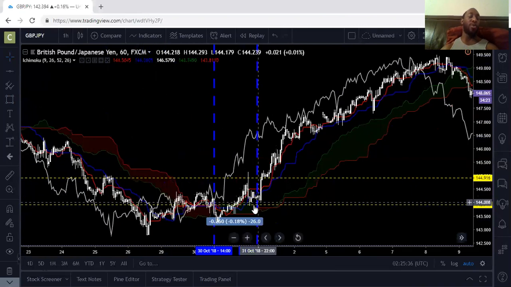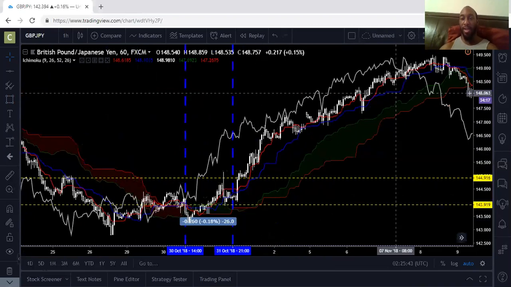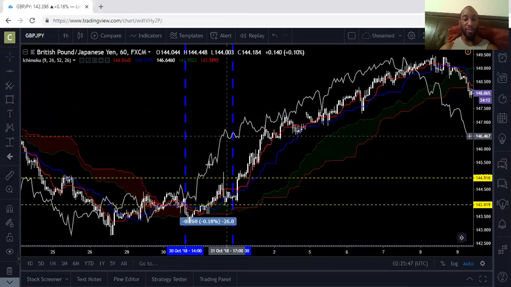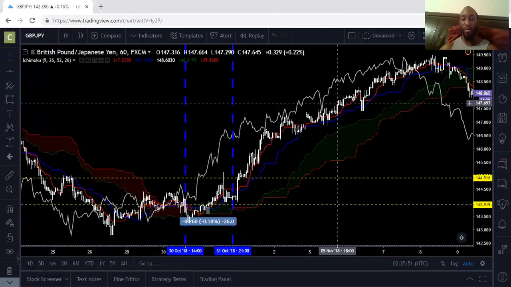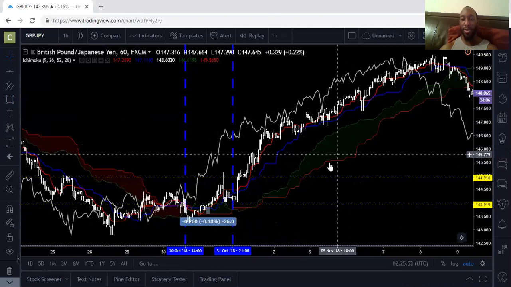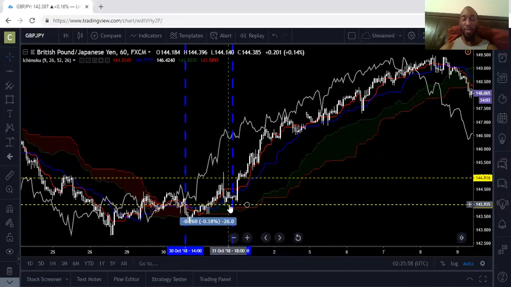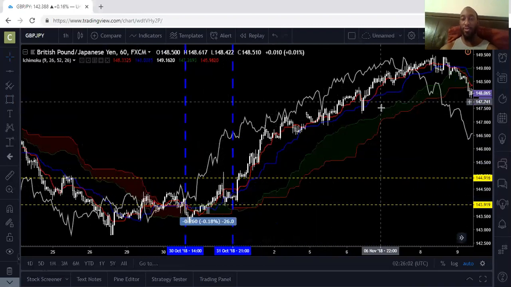So trading Ichimoku, you don't have to necessarily overtrade. You just have to beat the hell out of that one trade. You could have actually gotten like 2,000 pips off this one trade, depending on how many positions you put in. So if you just put in 4 positions, that's over 2,000 pips right there. So it's simple. Just find one pair, focus on that one pair, look for a clean setup, ride that trend.